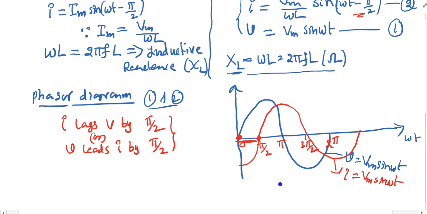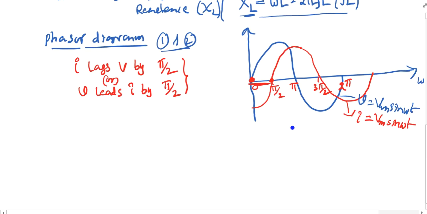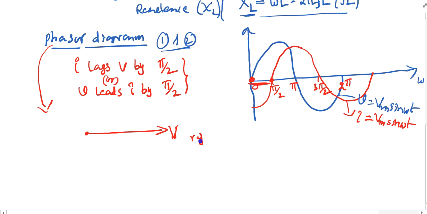Similarly, if you draw the phasor diagram of these AC quantities, I take the RMS voltage phasor V as the reference, at an angle of 0 degrees.